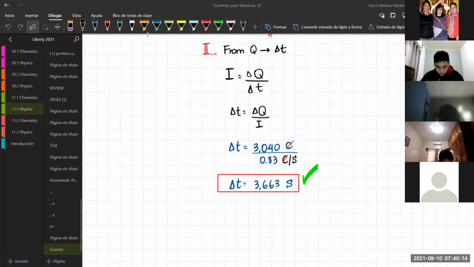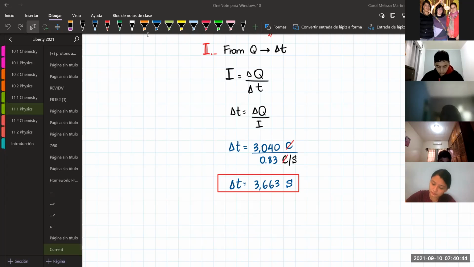Now, tell me, in what better way can we express this amount of seconds? En unidades de tiempo. ¿A qué estamos más acostumbrados? ¿Hablar de horas, minutos o qué? Don't get me wrong, this answer is good.